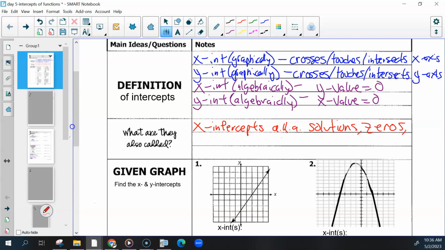Anyone remember the last one? Roots. Remember that those are all interchangeable. Some deal with certain functions rather than others, but really they're all interchangeable.